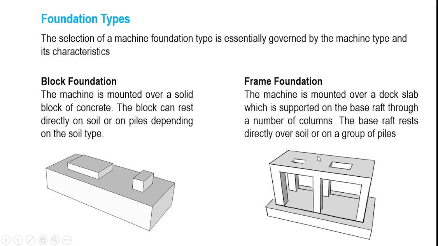It can have a number of openings that allow you to take the pipings connected to the instruments to the other parts of the plant. This deck slab is connected to the base raft through a number of columns. So basically the load transfer mechanism is frame action, and the base raft, just like the block foundation, can be directly supported over the soil, or you can use piles as the foundation to support the loads.